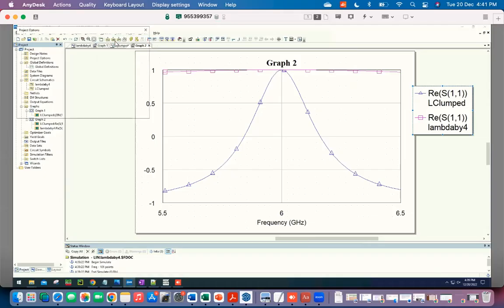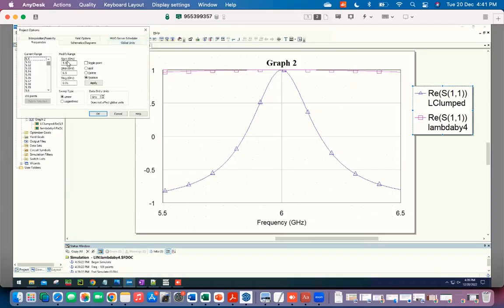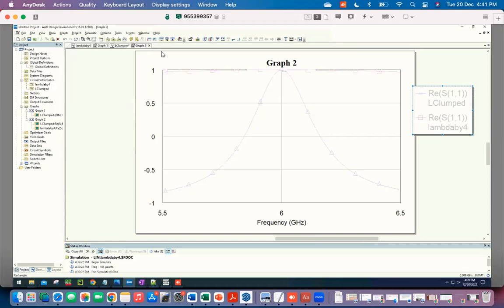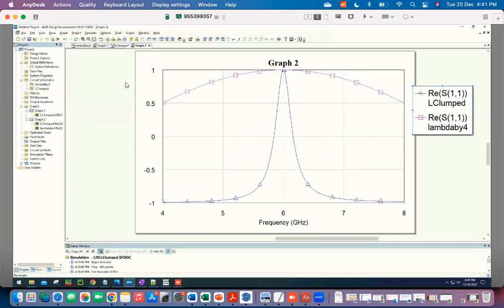Let me expand the frequency range a little bit more, to 4.48. This response looks extremely broad. What can I infer from that about the lambda by 4 resonator?